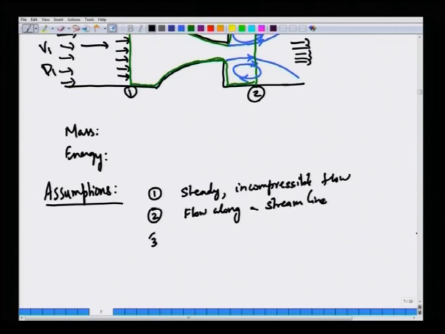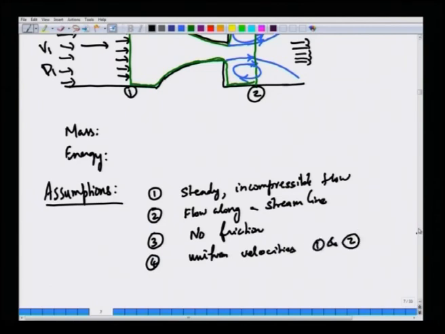Okay. We will assume no friction and uniform velocities at stations 1 and 2.